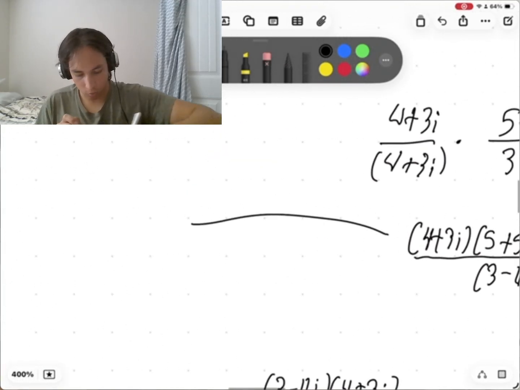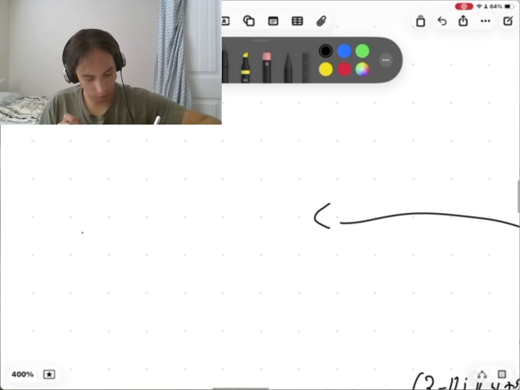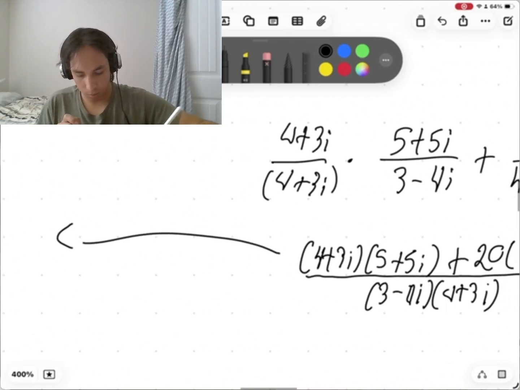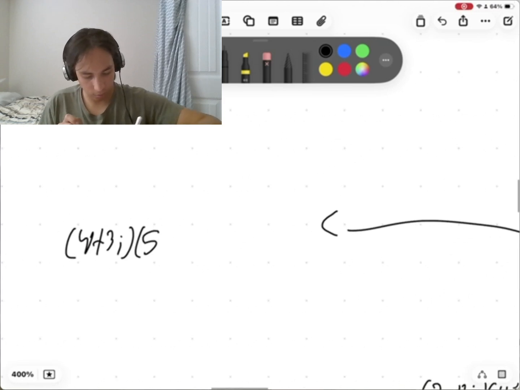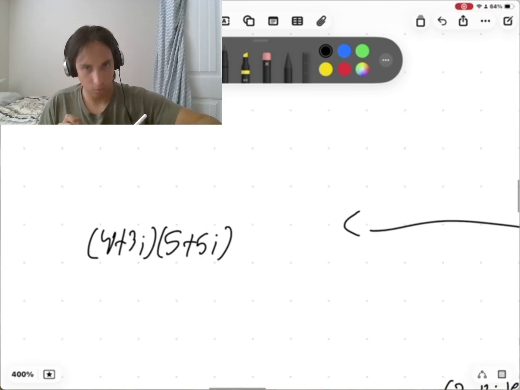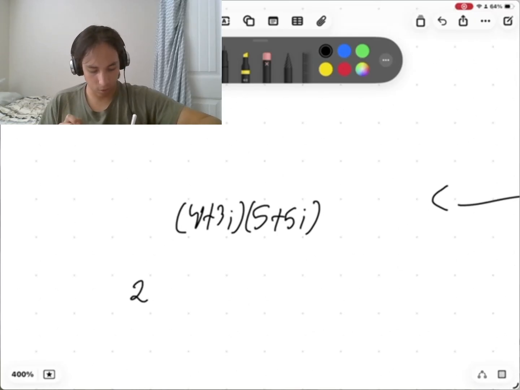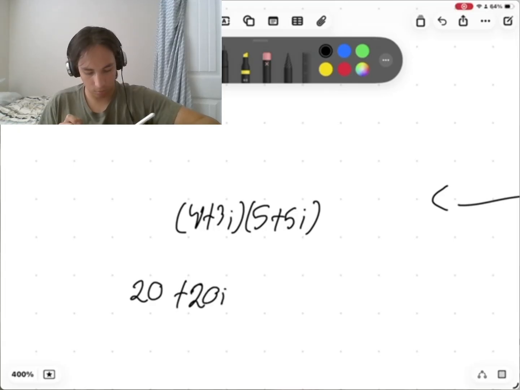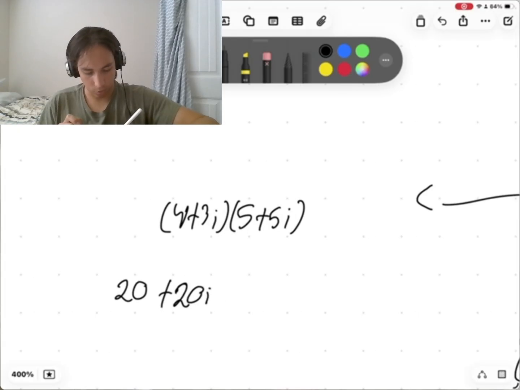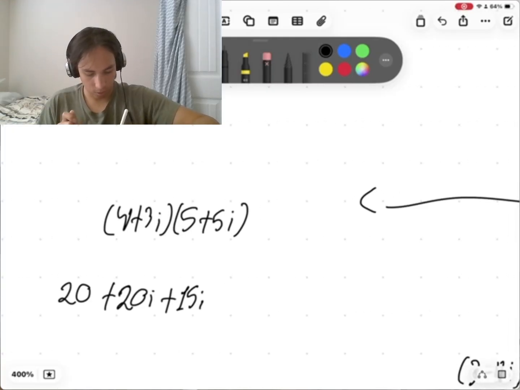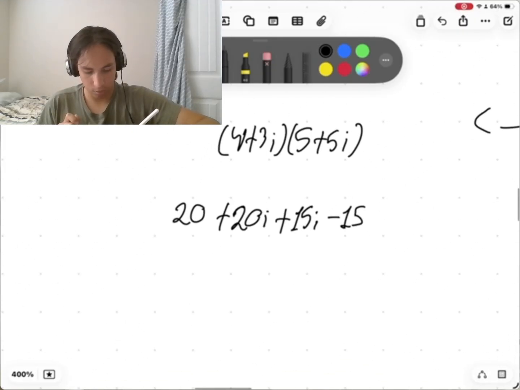Now for this one, 4 plus 3i times 5 plus 5i, right? 4 times 5 is 20. 4 times 5i is 20i. 3 times 5 is 15i. And 3i times 5i is 15 i squared, but we switch the sign, so minus 15.